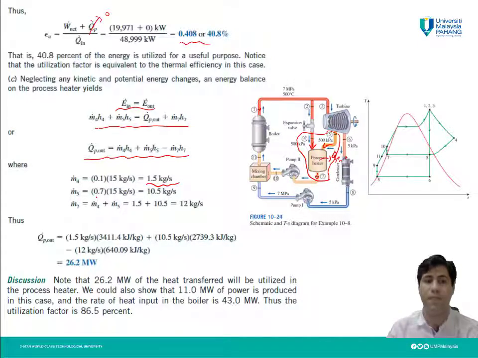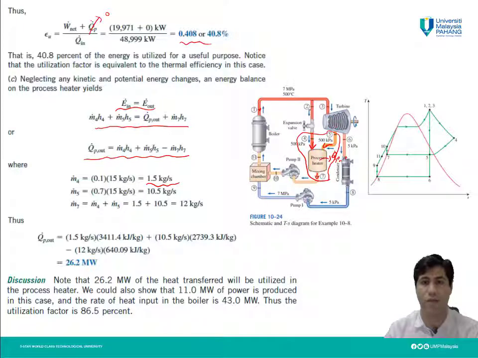M dot 5 is, well, it was mentioned that 70% of the steam or working fluid after the turbine will be routed to the process heater as well. As you notice here, the working fluid which comes to the turbine is 15 kilogram per second.